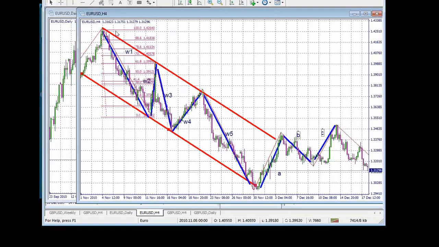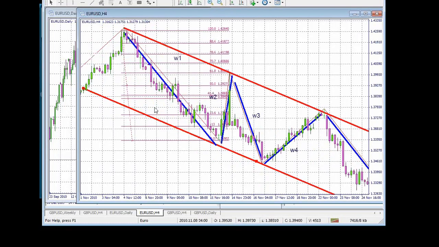If we put Fibonacci from top to low on the first wave, we can see that the high made by wave 2 was at the level 61.8.